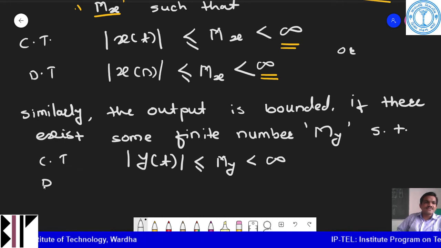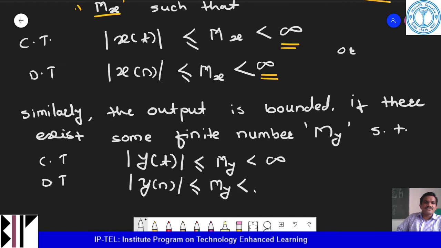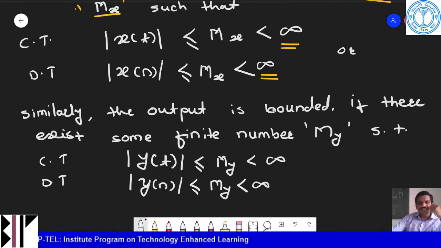This is in the continuous time domain. In the discrete time domain, it is y of n less than or equal to My, which is less than infinity.